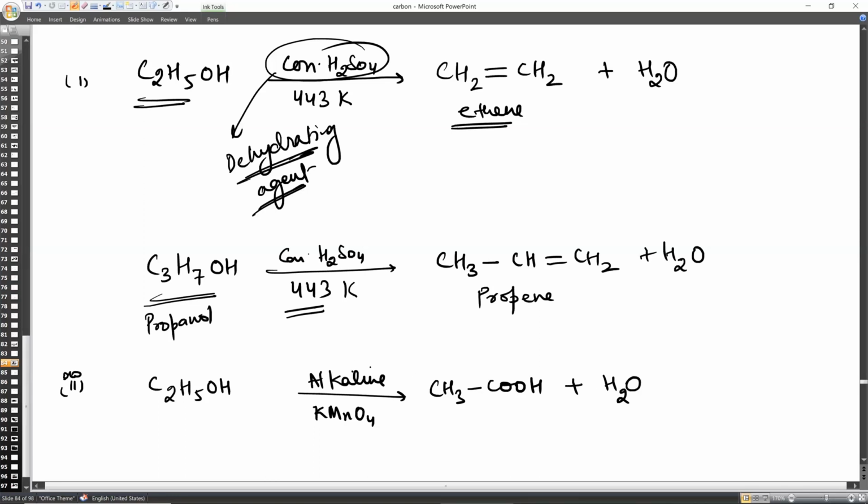Sorry, alkaline KMnO4 plus water. It will get oxygen from the nascent oxygen of this alkaline KMnO4, and you have to keep in mind that this alkaline KMnO4 is acting as an oxidizing agent.